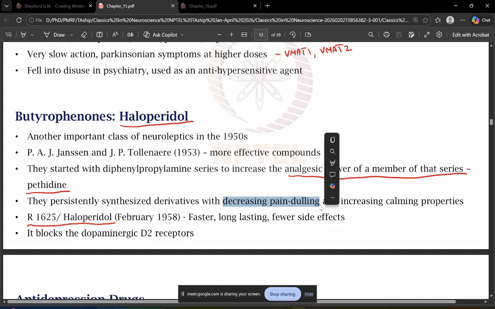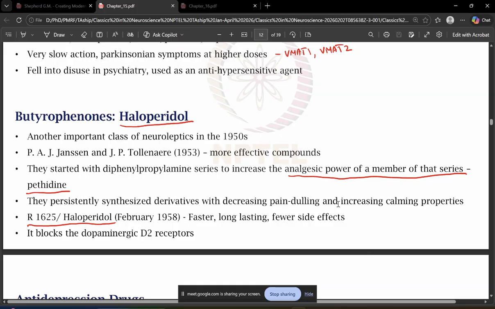For example, morphine is associated with dulling pain, right? In early days, people who were in severe pain used to be given morphine. Morphine is known to dull pain, but they wanted to reduce the pain dulling effect of the drug, and increase the calming properties.